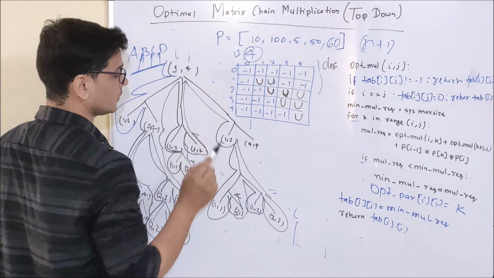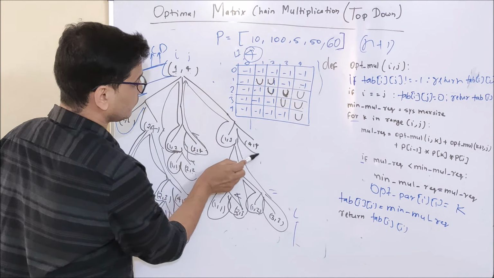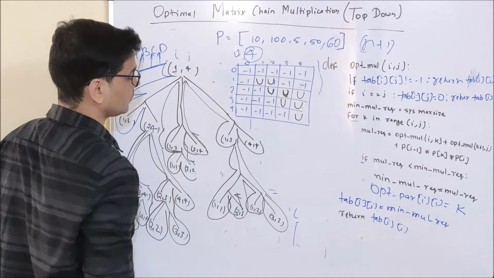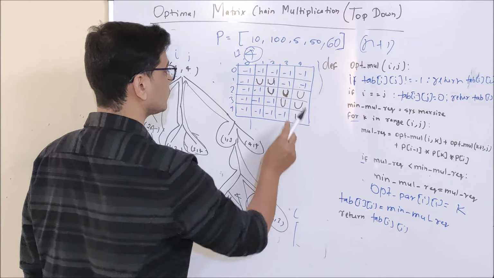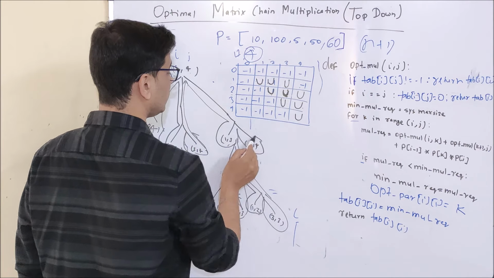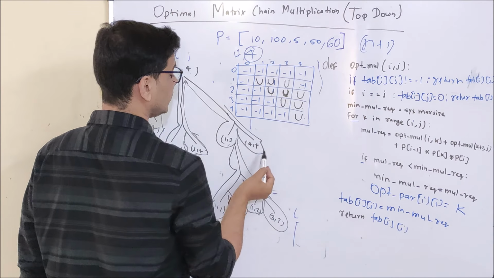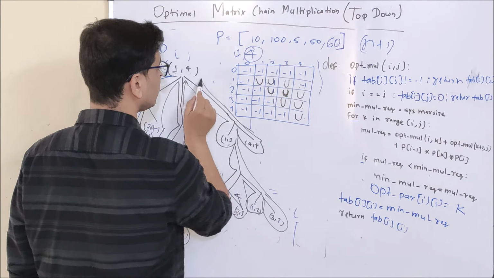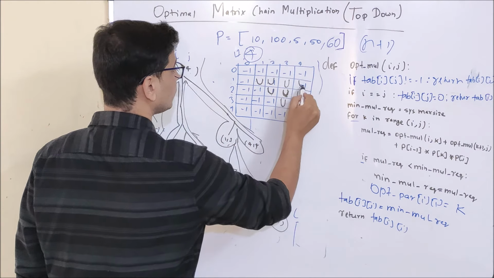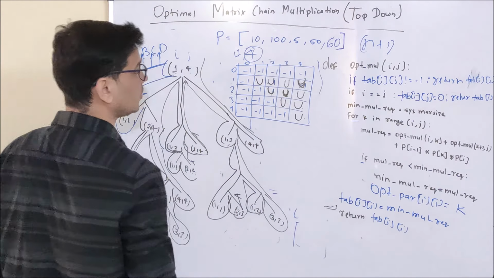Then 1 comma 3 will return, and 1 comma 4 will call 4 comma 4. So 1 comma 3 will be updated, 4 comma 4 is updated, so it will return directly from here, and then 1 comma 4 will update and return.